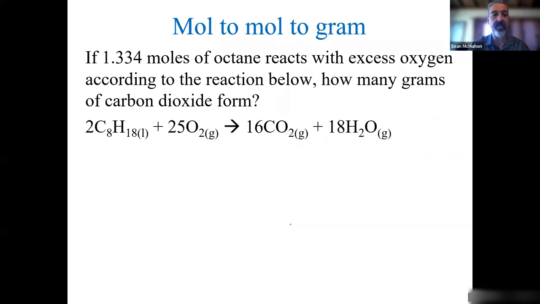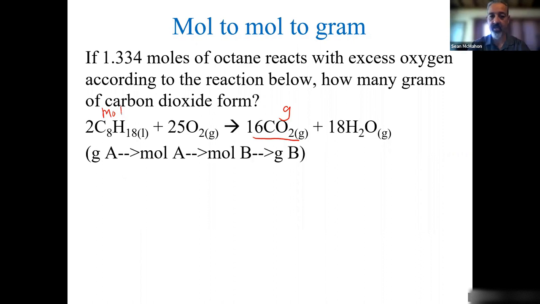So if I have 1.334 moles of octane, so I'm still on octane, high octane here, 1.334 moles of octane, and it reacts with oxygen, how many grams of carbon dioxide? Okay, so they want grams of this, and I start with moles of this.